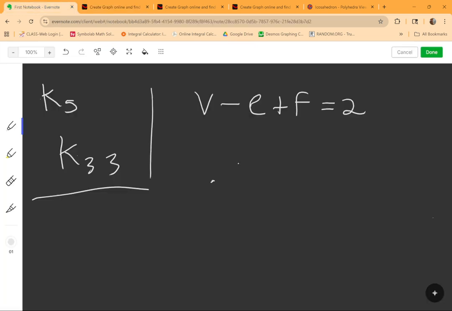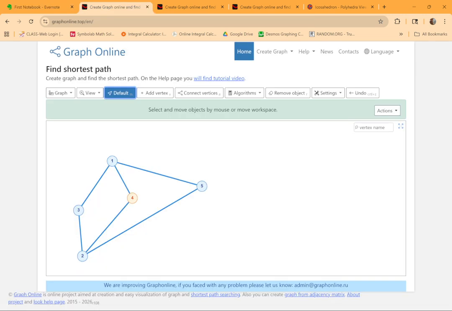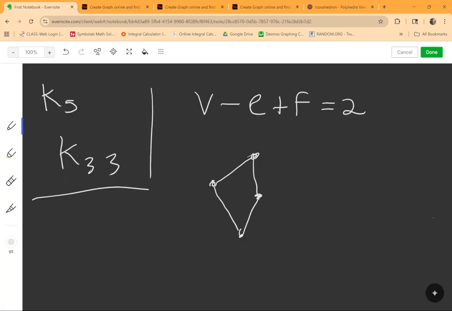Let's draw that here so it looks something like this, and I'll call this F1, F2, and then the overall bigger one, F3.